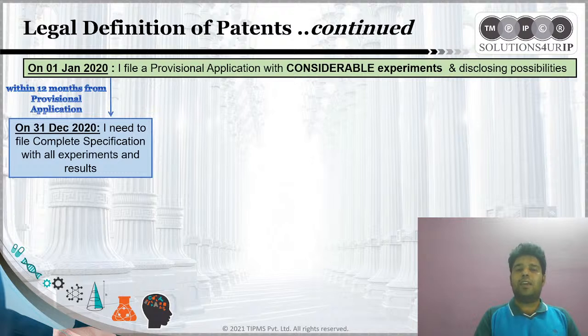Applicant can be you also, if it is permitted as per your organizational policy. Applicants can be companies, partnership firms, trusts, or natural persons also. So applicants are those who own the right to that invention, and inventors are those who made that invention.